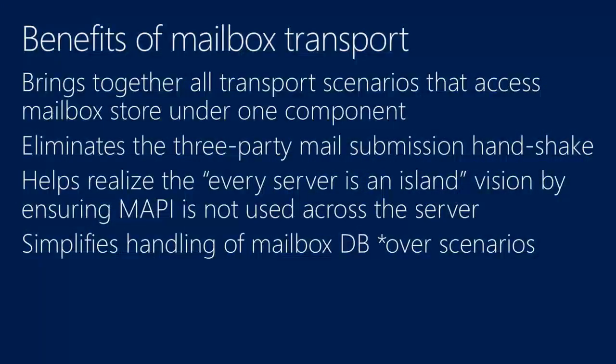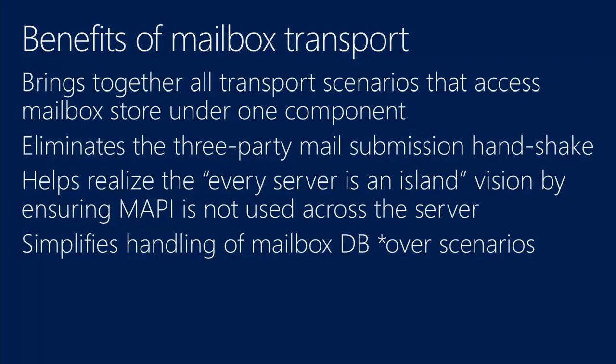That's where the mailbox transport service comes into play. You can think of the mailbox transport service as conjoined with store. This is where we enact that every server is an island principle. So a message will come in to the transport service. The transport service is going to do that bifurcation. It's going to do that discovery. It's going to do a lookup.